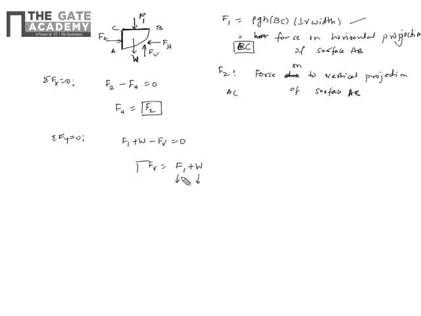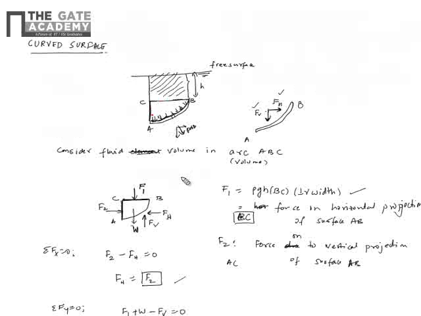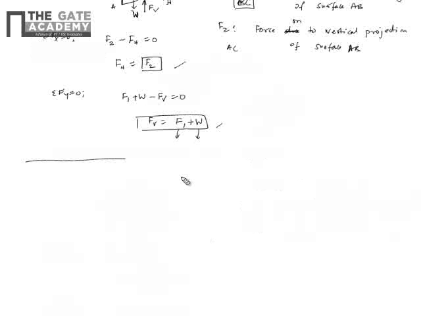So whenever you have a curved surface, project it to get a vertical surface, project it to get a horizontal surface, then consider the volume of the fluid inside that sector and balance the forces, so you get FH and FV. We'll solve one problem on this.